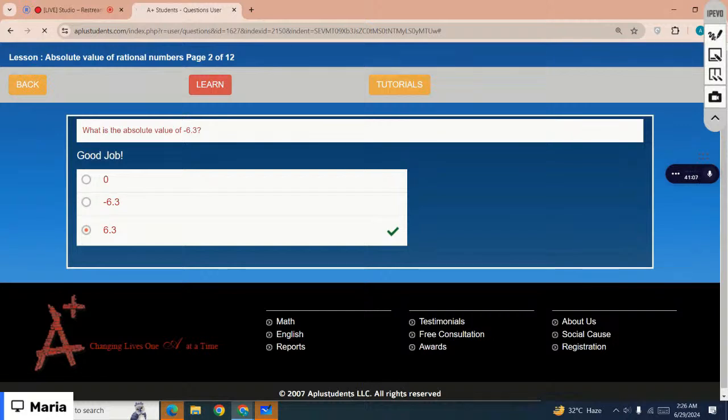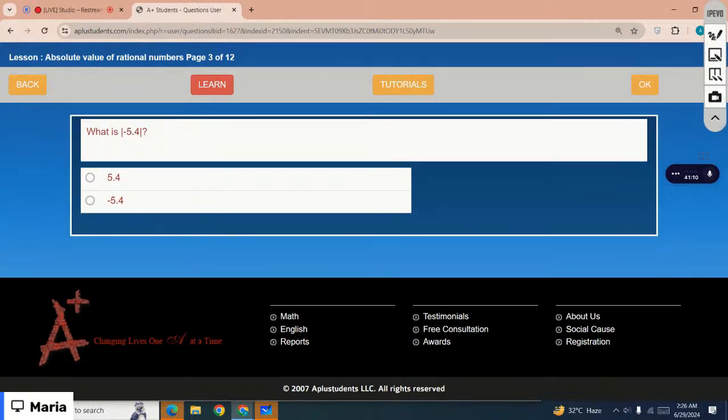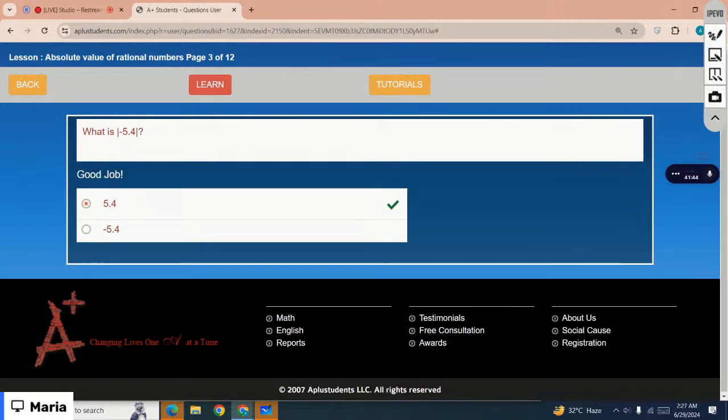Got it? What is the absolute value of negative 5.4, which is the correct option? The correct option is option number one, that is 5.4.